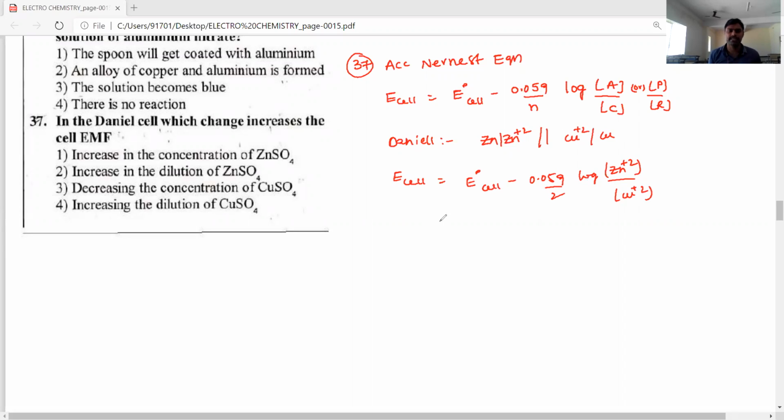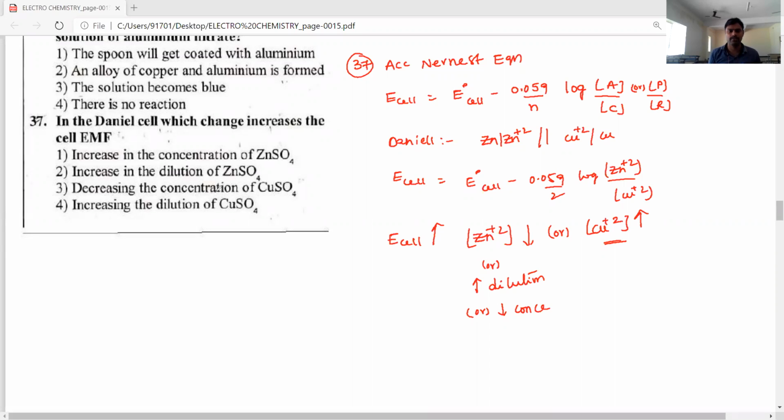At what conditions will the electromotive force of the cell increase? The E cell increases if the concentration of Zn2+ decreases or the Cu2+ concentration increases. Here Zn2+ concentration decreasing means increasing dilution, or decreasing concentration. Then the electromotive force of the cell will increase.